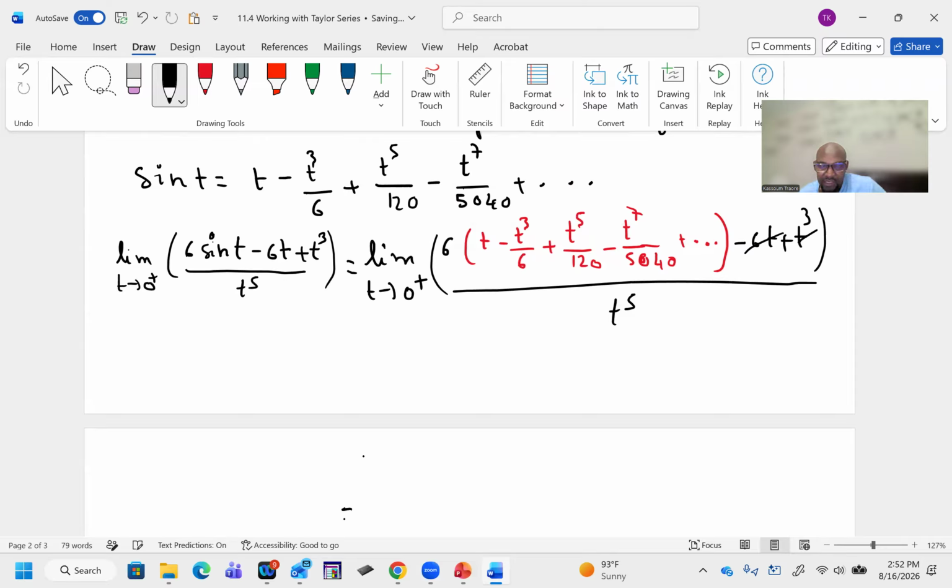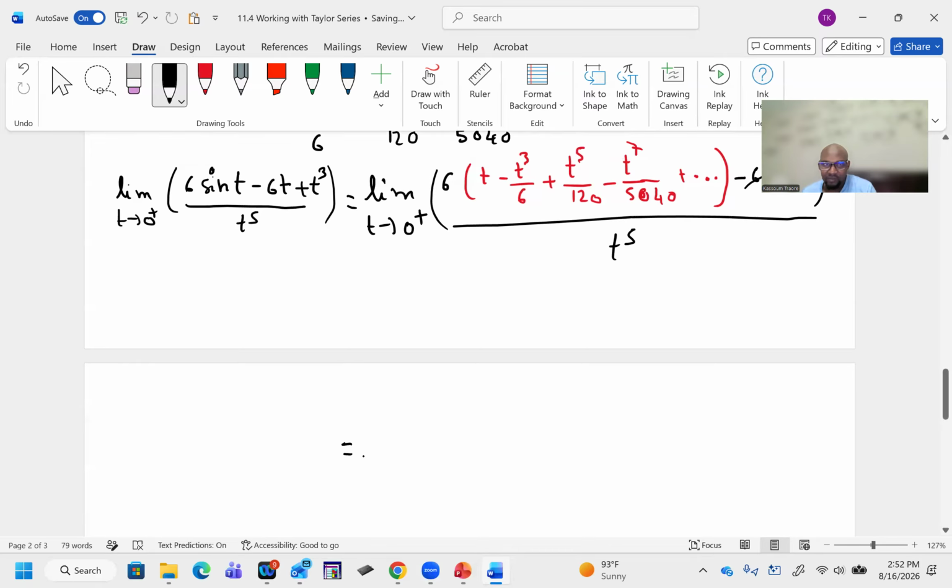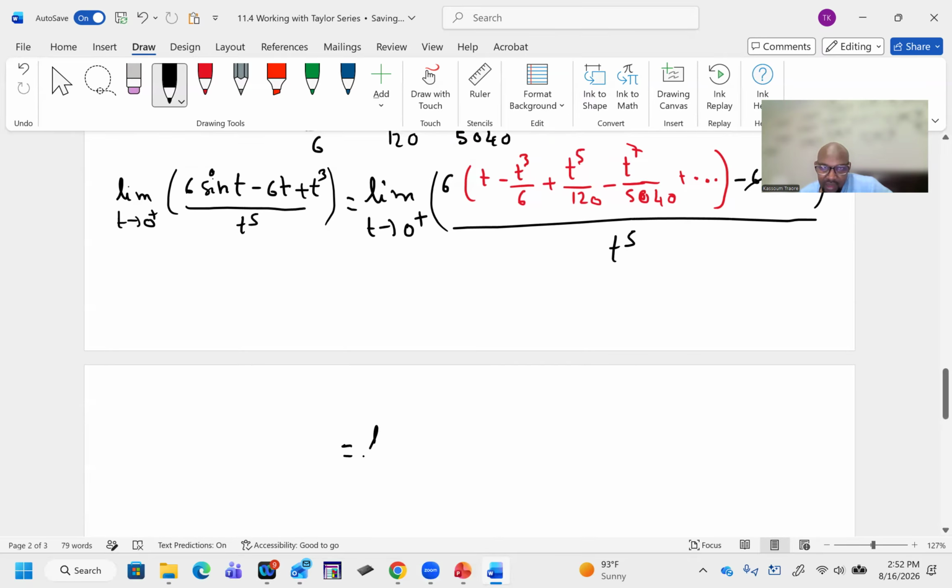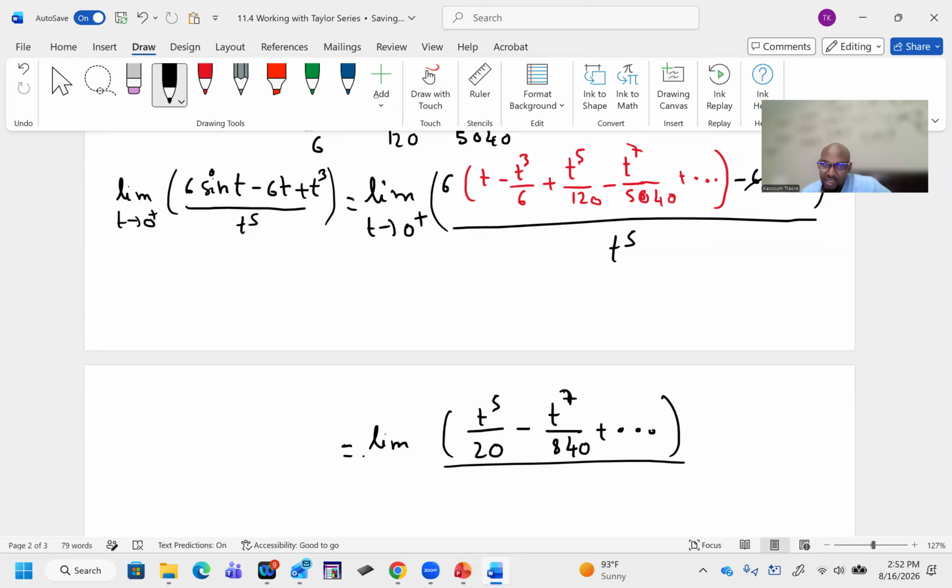So what will be left is the limit of t to the power of 5 times 6 divided by 120, which gives us 1 over 20, minus t to the power of 7 times 6 divided by 5040, which is 840, plus and so on, divided by t to the power of 5 as t approaches 0.